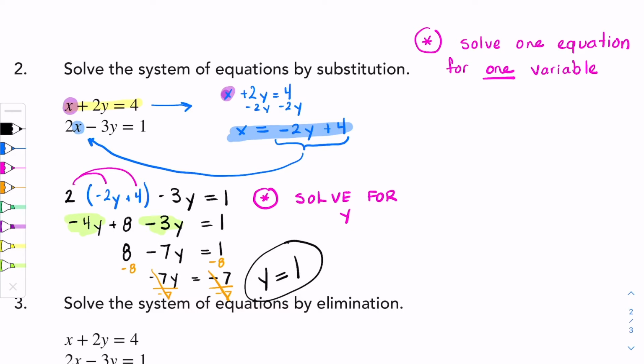Once we know what our y value is, we want to substitute that back into the original equation. You can pick either equation. I tend to pick the other equation. So pick x plus 2y equals 4 and substitute y back into the equation.